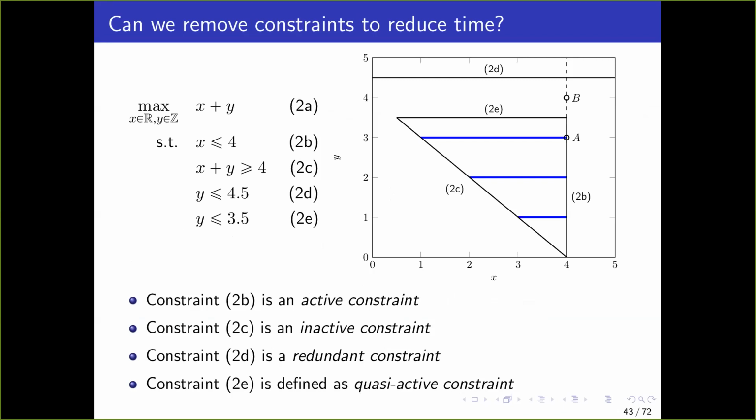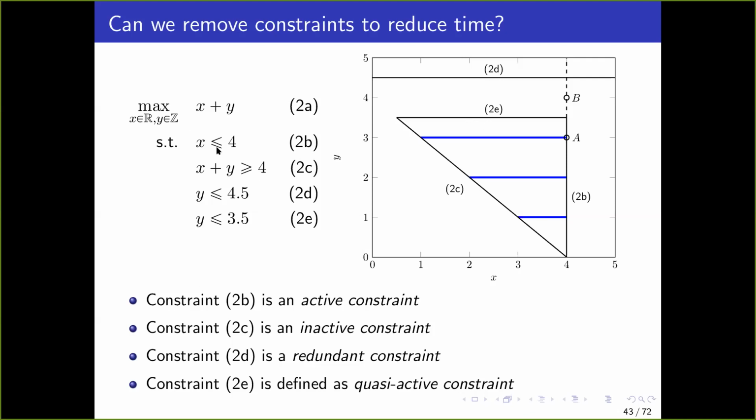To tell you a little more about this research, I need to explain some classification of constraints. Let's say we have this optimization problem in which we have one continuous variable and one integer variable, and we are maximizing the sum of both. Looking at the figure, what we want is to be as up and as right as possible.